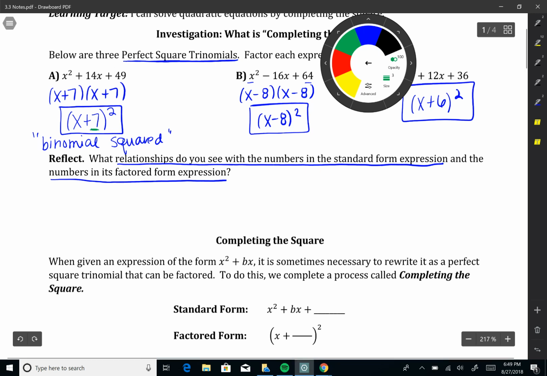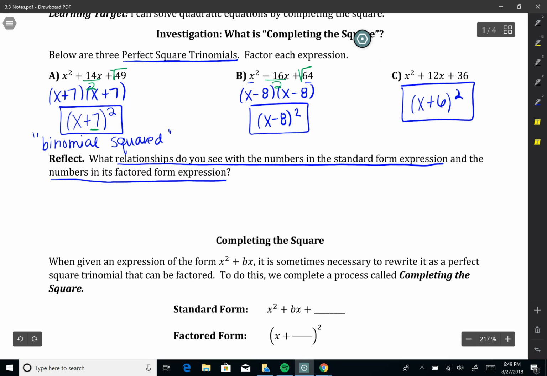The relationship between 7 and the numbers in the standard form is that 7 is the square root of 49, right? And 7 is half of 14. Does that hold true for B, negative 8? Sure does. Negative 8 is the square root of 64, and negative 8 is half of negative 16. And also, 6 is the square root of 36, and it is half of 12.